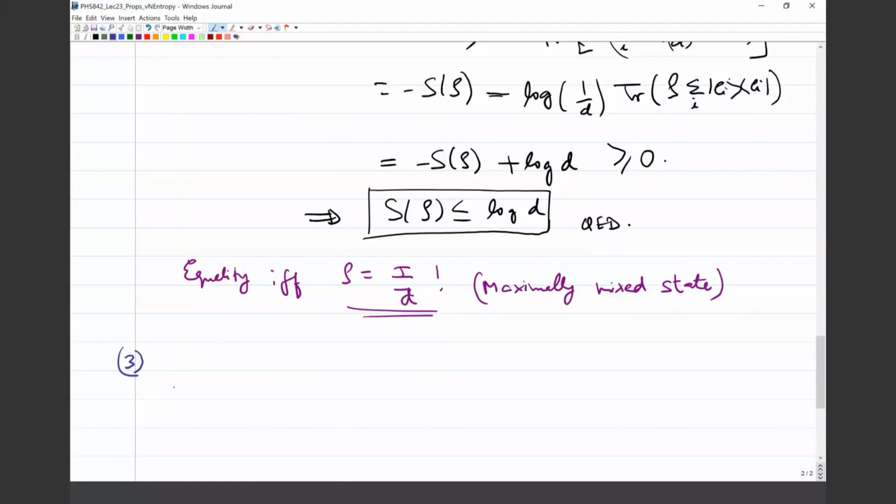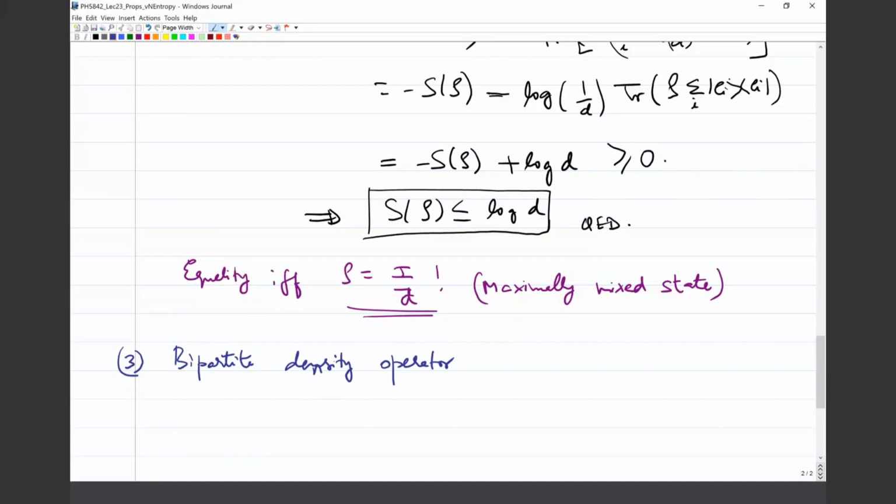So let us consider a bipartite density operator, because ultimately strong subadditivity has to do with that only. You have to talk about joint entropies. So if I talk about joint entropies of two random variables, in this case I have to talk about two density operators on two different Hilbert spaces.